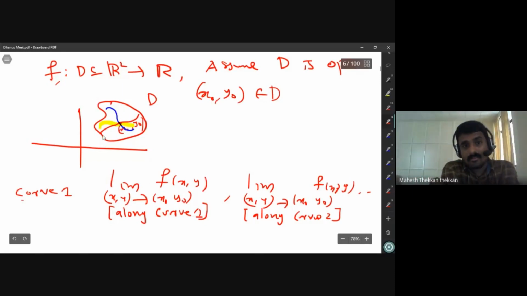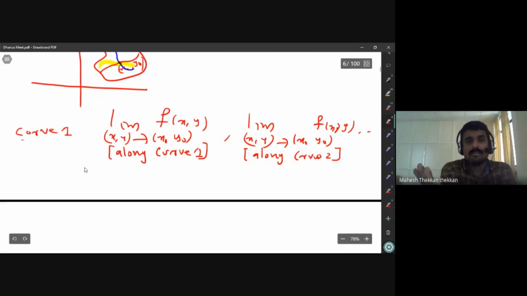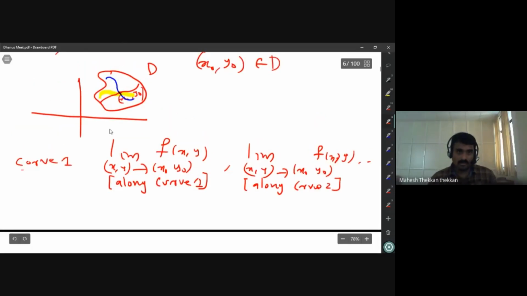Like that I can look at each curve passing through (x naught, y naught). Then if all these values are the same, we will say the limit at (x naught, y naught) exists, and that common value will be denoted by the limit as (x, y) tends to (x naught, y naught) of f of (x, y). So what I am doing is considering the point (x naught, y naught), looking at all the possible paths passing through it, approaching the point along each curve, and looking at the limit of f of (x, y) along each curve.